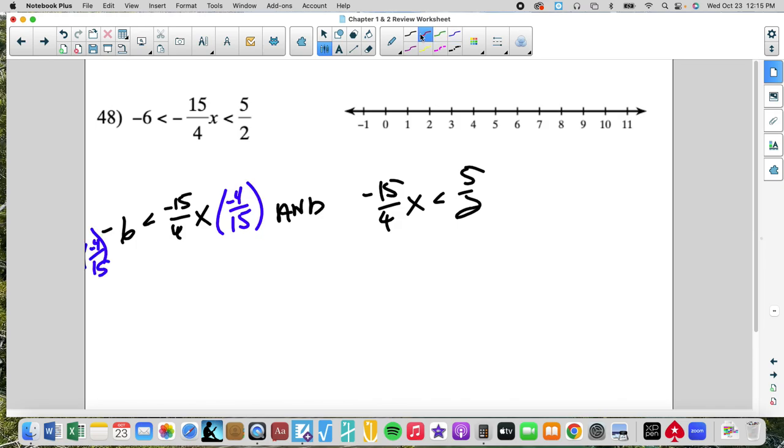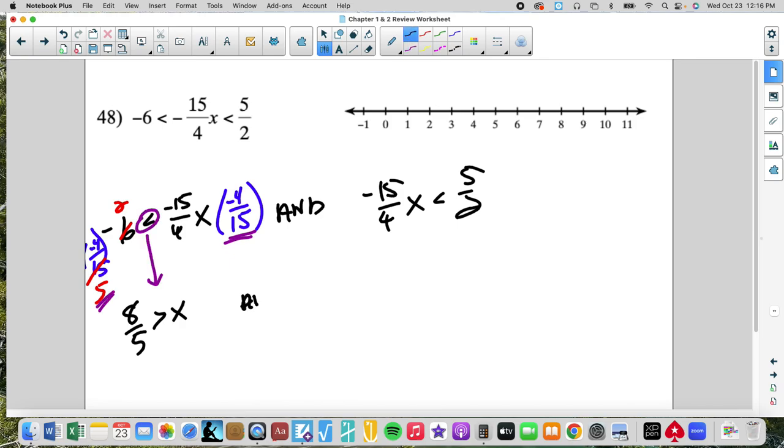Let's cancel. 3 goes into 6 twice. 3 goes into 6 5 times. A negative and a negative makes a positive. So that's 8/5. We have to flip the inequality. Ooh, that's tricky. Multiply both sides by a negative, so I have to flip.